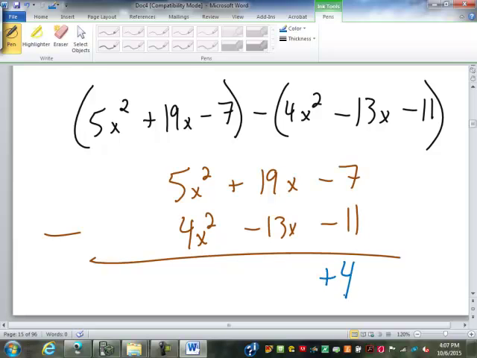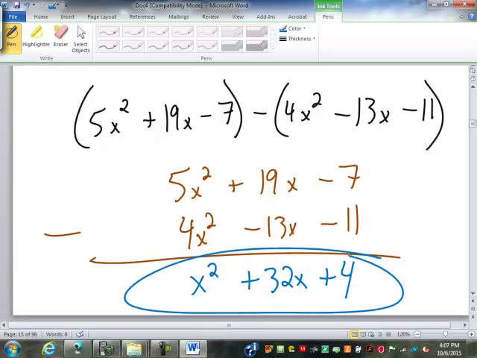Positive 4. Very good. 19x minus a negative 13x. Positive 32x. Very good. 5x squared minus 4x squared. 1x squared or just x squared. We don't need the 1.